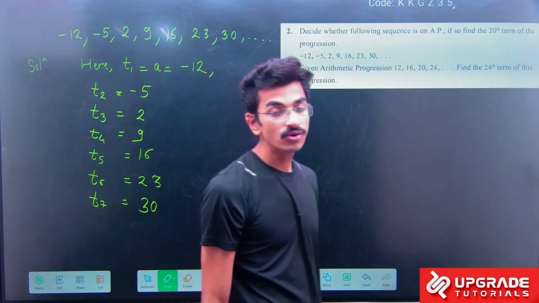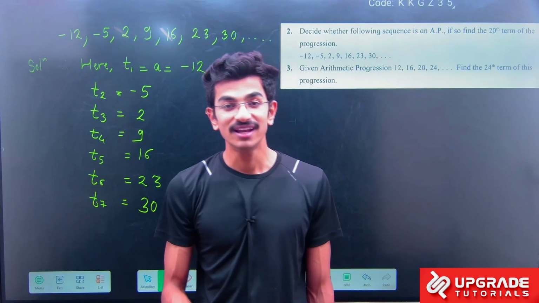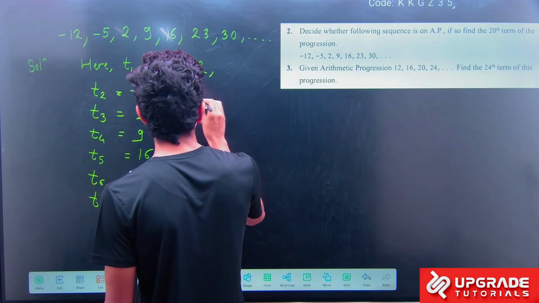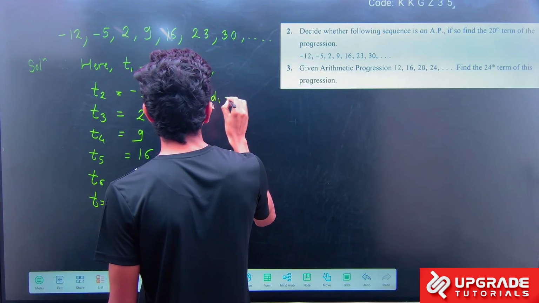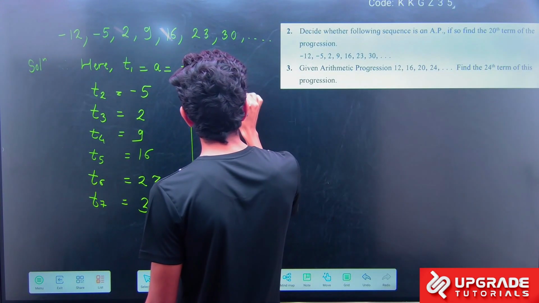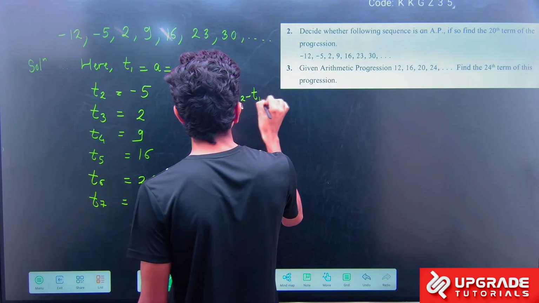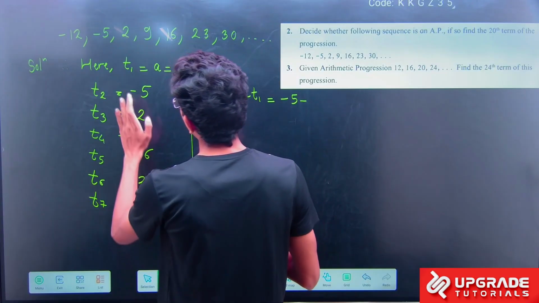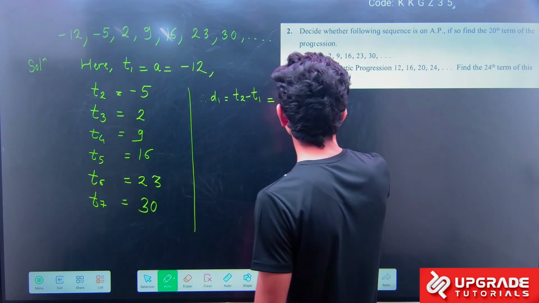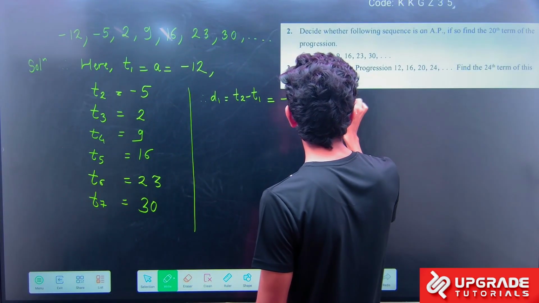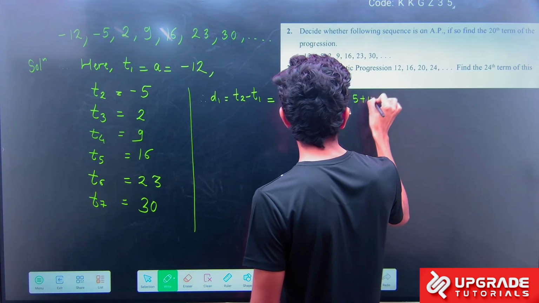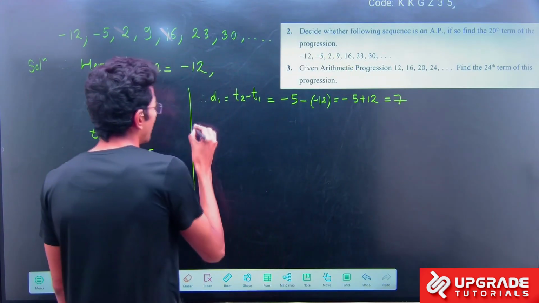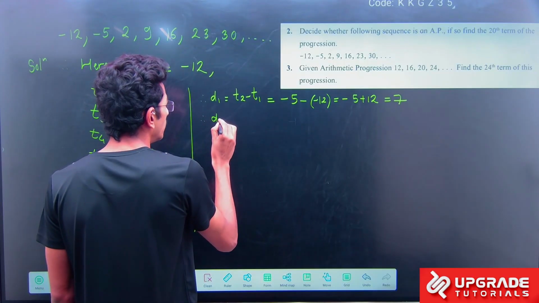Okay, so what is our first step? We have to find the common difference. Therefore, what is the value of D1? D1 is nothing but T2 minus T1. What is T2? -5. What is T1? -12. So it will be -5 minus of -12, which is -5 plus 12, which is nothing but 7. Next, similarly, we will find all terms.